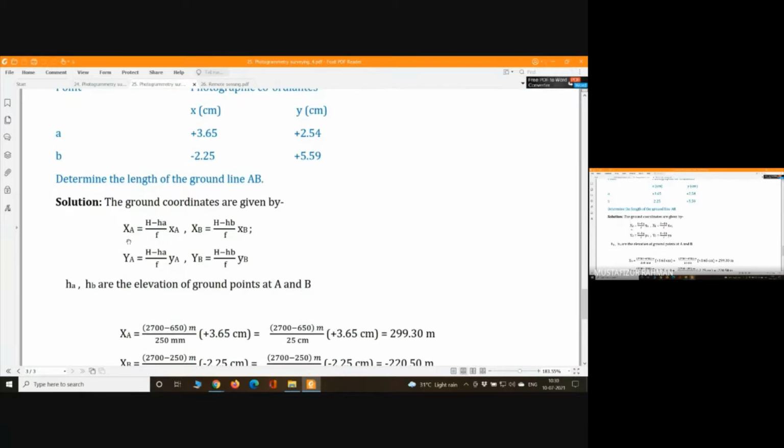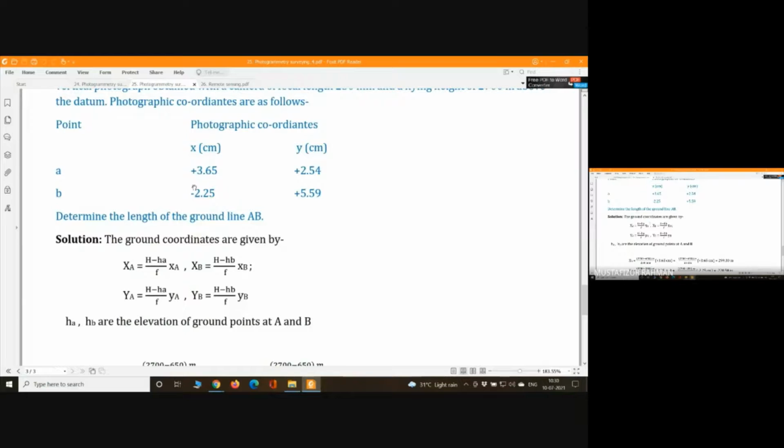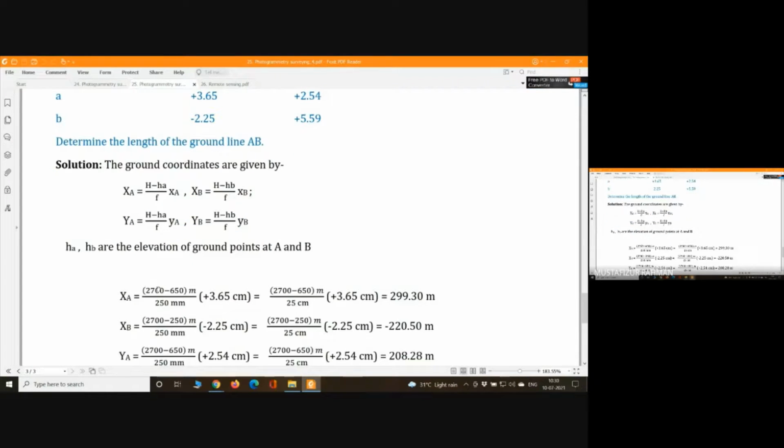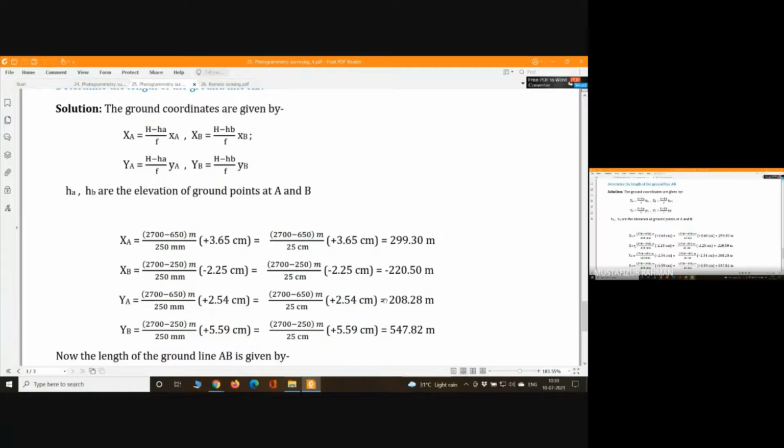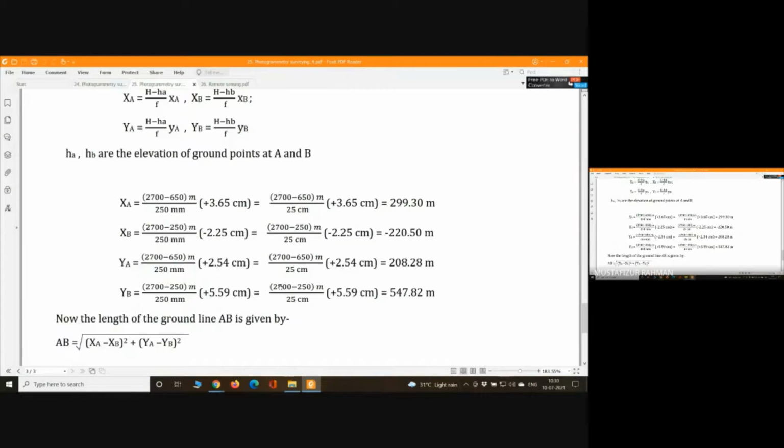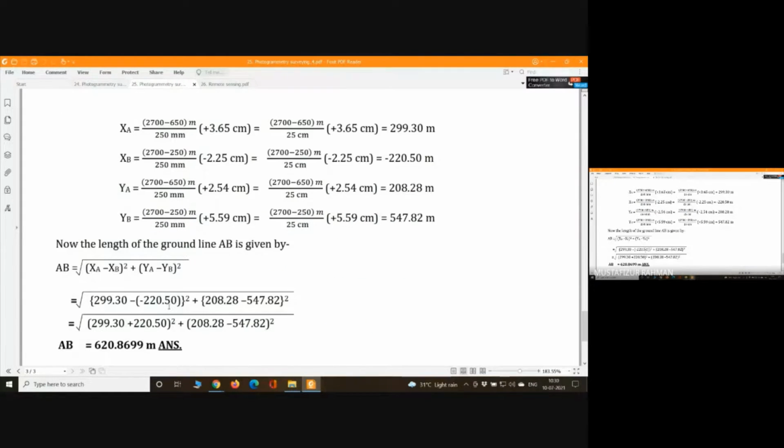So what we will do, we shall determine ground coordinates with the help of photograph coordinates. We have capital H, we have small h, that is the elevation at A point, and we have also the focal length. So if we use those values, we are finding out capital XA, the coordinate of XA, XB. Like this, we are finding out the coordinates, and then finally we use this simple formula to find out the distance between A and B, right?